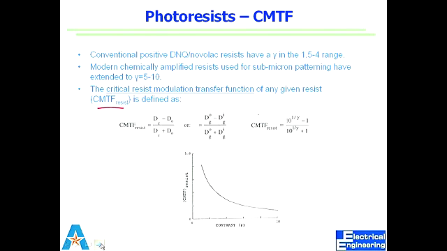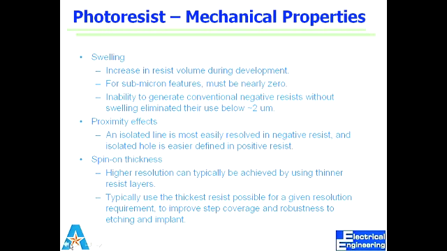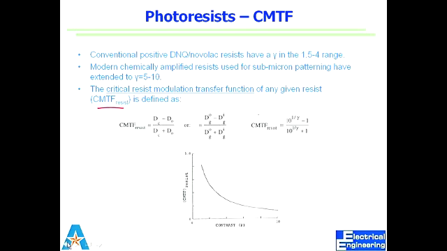There's another function that we define as the resist modulation transfer function, which is basically the comparison of how much of the resist chemically changes into the dissolvable or insoluble form. It's a factor given by the maker of the resist, so seldom do we calculate these things.